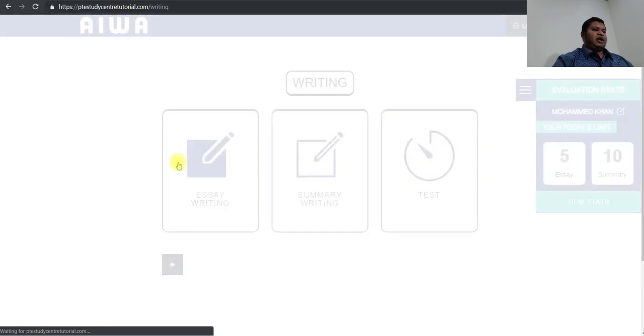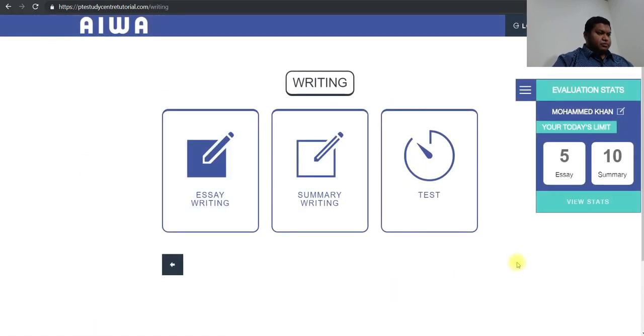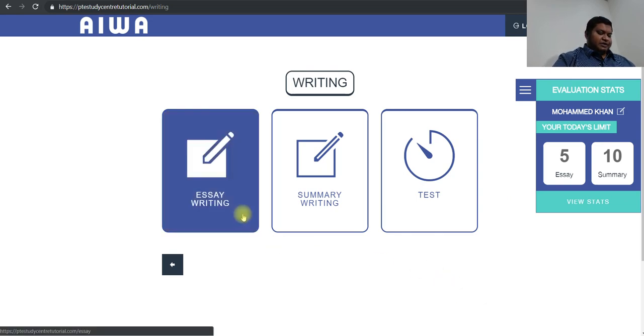So jumping into my writing section. As you can see, it tells me how many essays and summaries I'm left over with for the day. It depends on different packages for the different branches. Now let me go to essay writing.